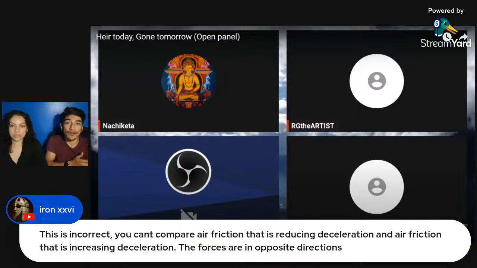You would have to claim that the Earth is moving at the same speed as the ice skater moving horizontally to be able to attribute that deceleration rate of the Earth to the ice skater, plus the air resistance and the friction. So you would have to attribute the 9.8 meters deceleration rate that comes from the Earth's speed to the ice skater moving horizontally. You would have to say that the Earth pushing up is moving at the same speed as the ice skater.